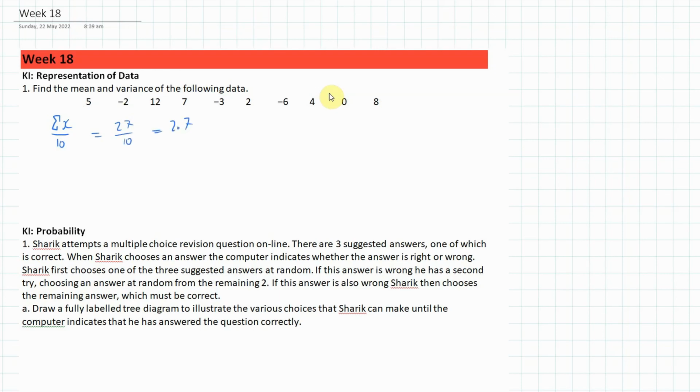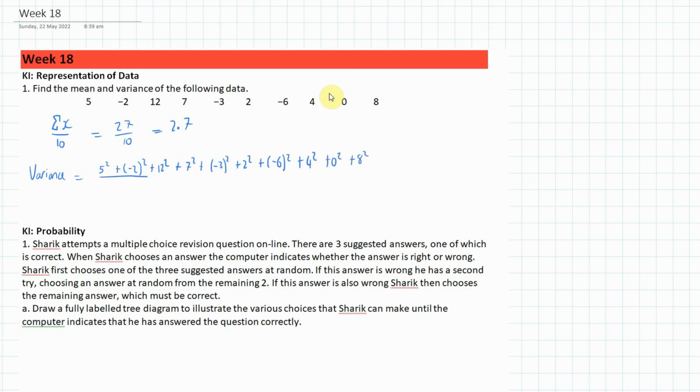So that's our mean. Now, looking at the variance, we're going to square each of those numbers and add them together. So it'll be 5 squared plus negative 2 squared plus 12 squared plus 7 squared plus negative 3 squared plus 2 squared plus negative 6 squared plus 4 squared plus 0 squared plus 8 squared.